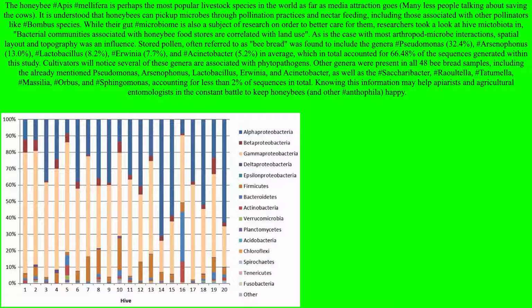Stored pollen, often referred to as bee bread, was found to include the genera Pseudomonas, 32.4%, Arsenophonus, 13%, and Acinetobacter, 5.2%, on average, which in total accounted for 66.48% of the sequences generated within this study.